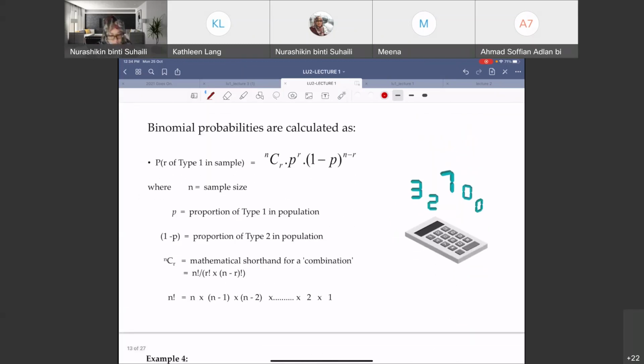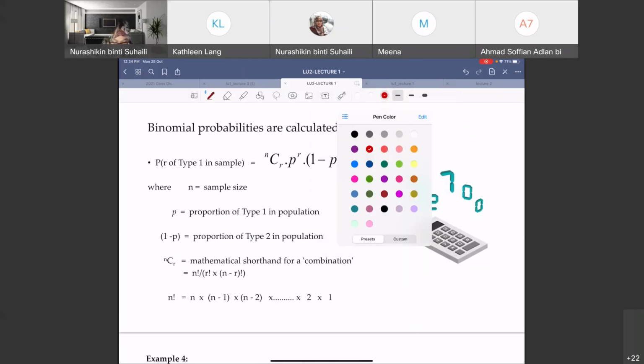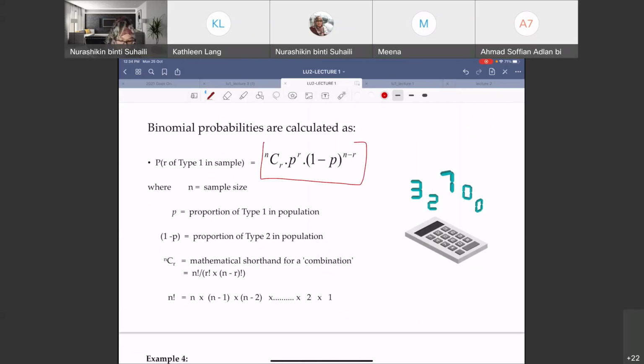Okay, let's go directly into the formula. This is the formula that has been invented by statisticians, and they claim it is suitable for binomial probability. So the formula is nCr, P to the power of r, multiplied by 1 minus P to the power of n minus r. So what each of these means: nCr is the combination. N is the sample size. R is the event that you are analyzing, the event to be analyzed.